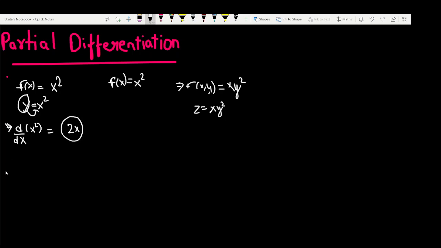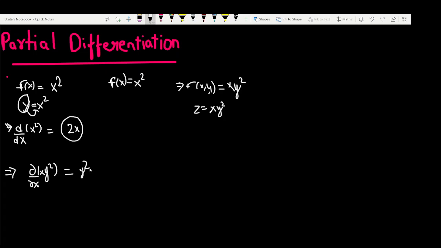If someone asks you to differentiate this quantity x y squared, you will use the symbol of the partial derivative of this function with respect to x. There are two variables, x and y, but you only operate this del by del x on x, and that will give us y squared. So now you understand the importance of partial differentiation.